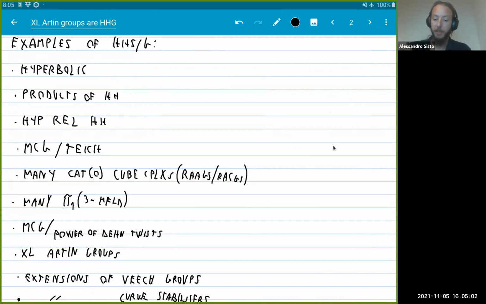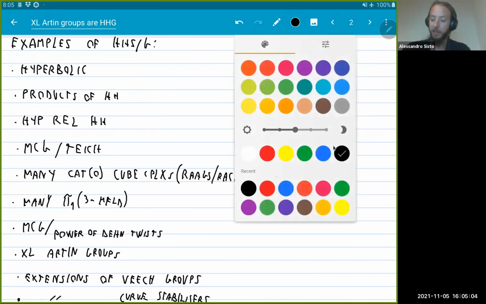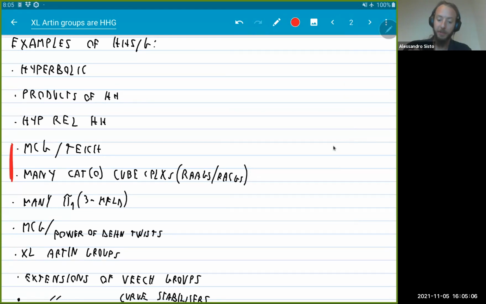Then we get to the motivating examples, which are mapping class groups and CAT(0) cube complexes, at least many of them. Basically, the notion was defined in order to treat these two cases in a common framework. That was the original idea.